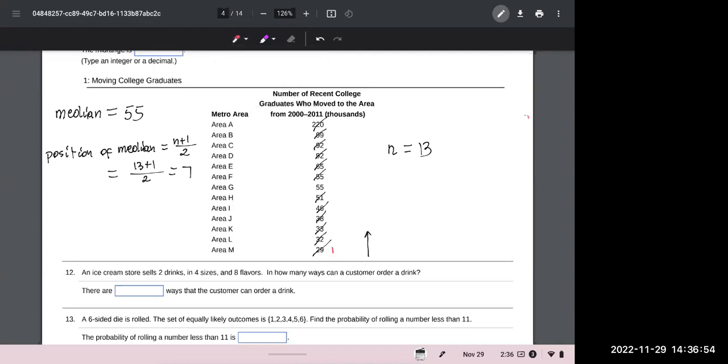So this is number 1, number 2, number 3, number 4, number 5, number 6, number 7. So this is our median. The median is in the 7th position, counting from lowest.